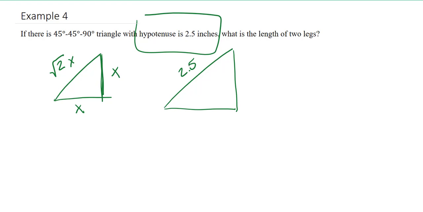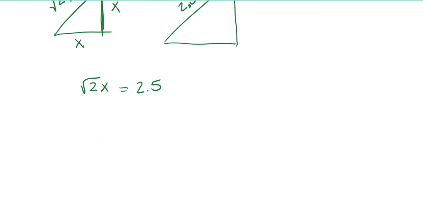So if we know what the hypotenuse is, what we need to do is then, so this square root of 2 times x is equal to 2.5. So in order to solve for x, which is just the side, all we have to do is divide by the square root of 2 on both sides. Now we just get x on the left, because if we divide by the number that it is, this is just equal to 1.